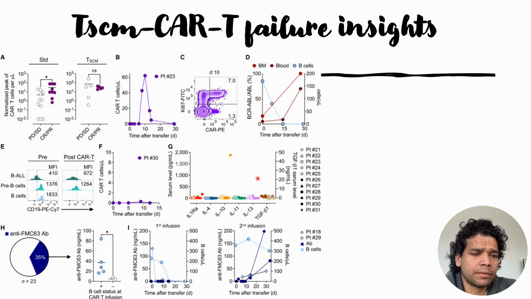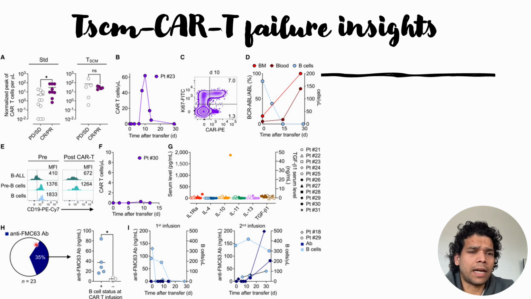After analyzing these two patients, they wanted to check one more dimension, that is whether there is a humoral response, that is, anti-CAR-T antibodies formed within the patient that prevent these CAR-T cells from targeting the target cells.